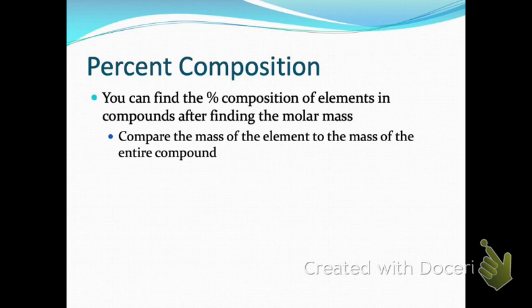We're looking at what percentage of my compound is made up of hydrogen and what percentage of my compound is made up of nitrogen or whatever it might be. Okay, so that's what percent composition is. We're looking at what percentage of the mass is given by each of the elements. Okay, so we're going to find the percent composition of sodium and chlorine in this compound, sodium chloride.